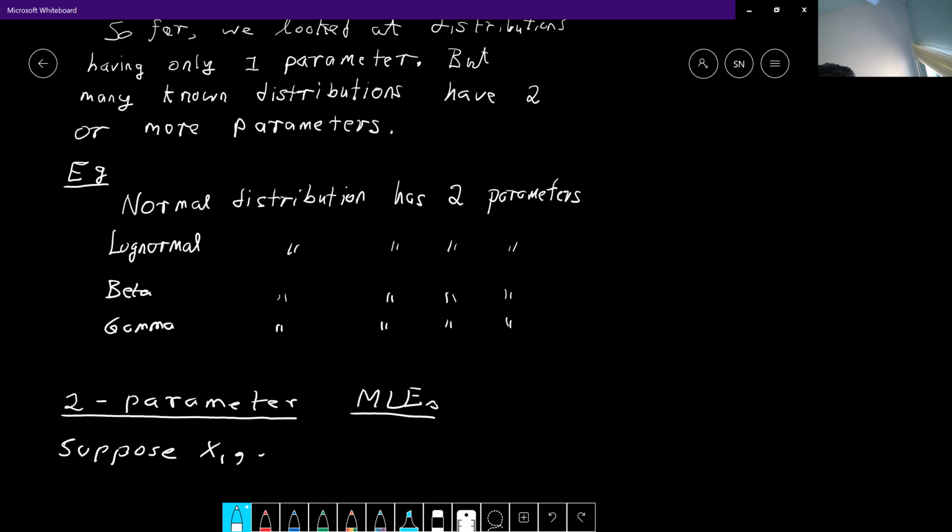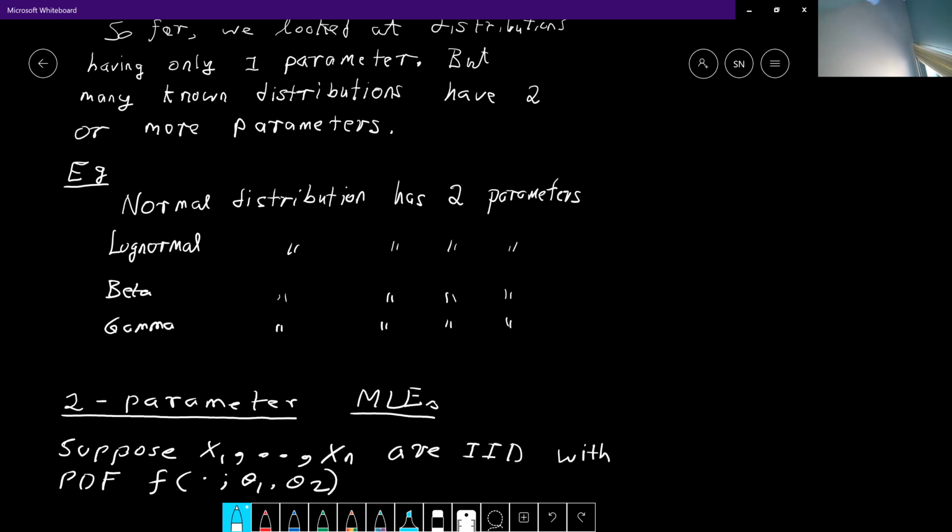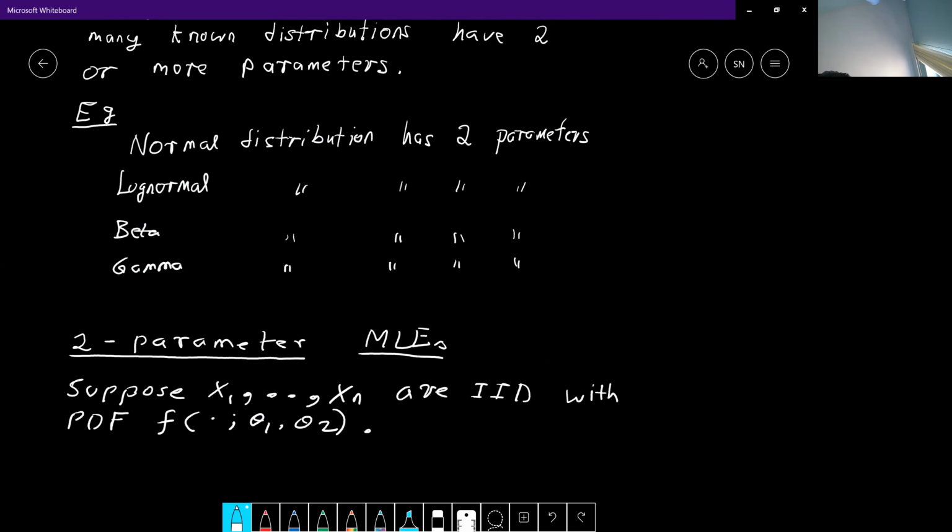Suppose you have a data set, say a random sample x1 to xn, IID with probability density function f, say with two parameters, theta 1 and theta 2. So for example, theta 1 could be the mean parameter for normal, and theta 2 could be the standard deviation parameter for normal, right? And we want to find the MLE of theta 1 and the MLE of theta 2. The question is how to do that.